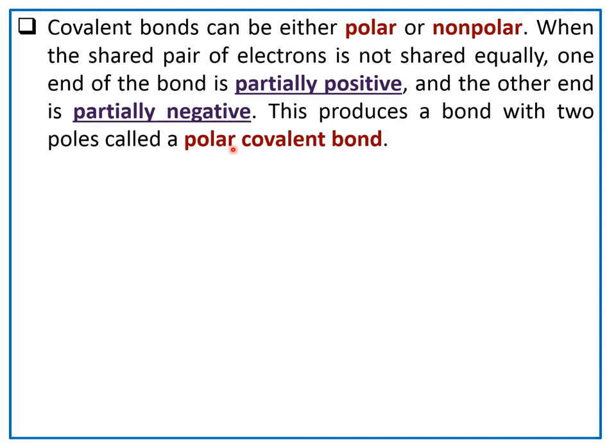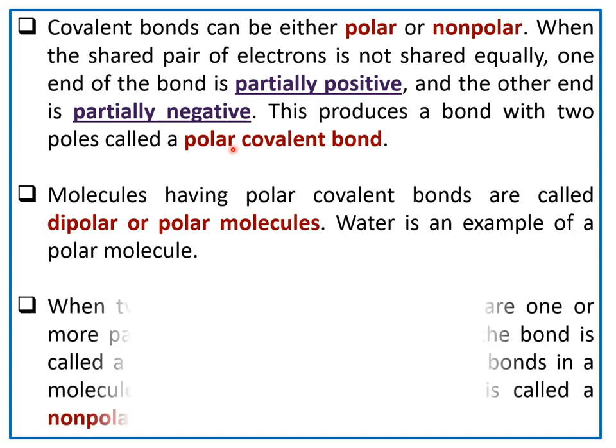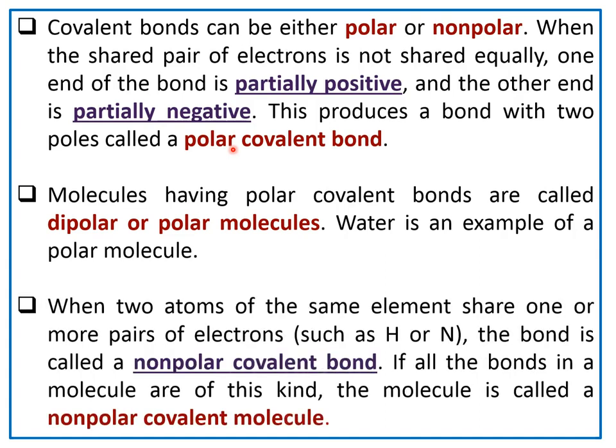The molecule is said to be a polar molecule, and the bond is said to be a polar covalent bond. This is different from the case of the hydrogen molecule, where the covalent bond is formed between two similar atoms, or even in chlorine, Cl2.